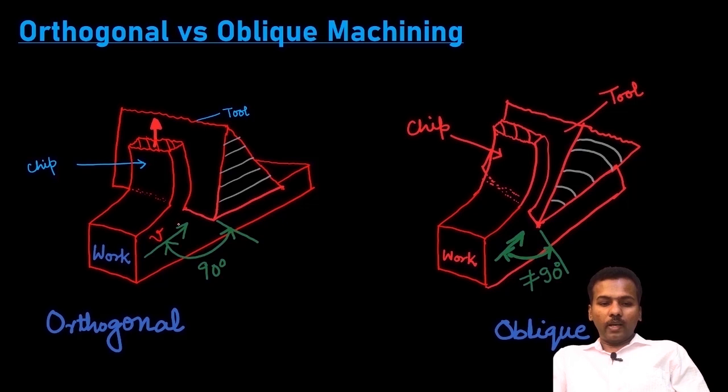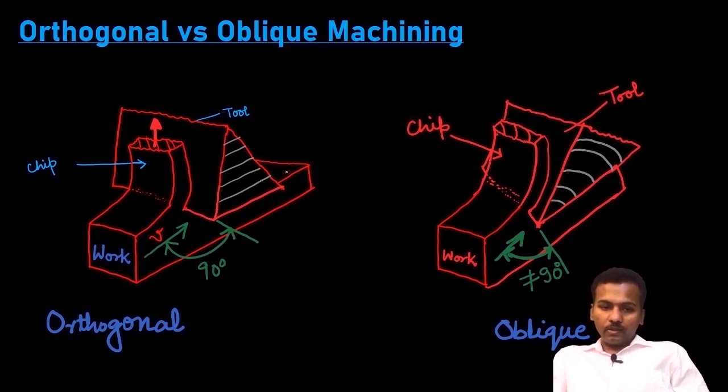That is the reason all particles of the chip and workpiece move in parallel planes, so we can represent it by a 2D drawing, and that facilitates easy analysis of the forces.